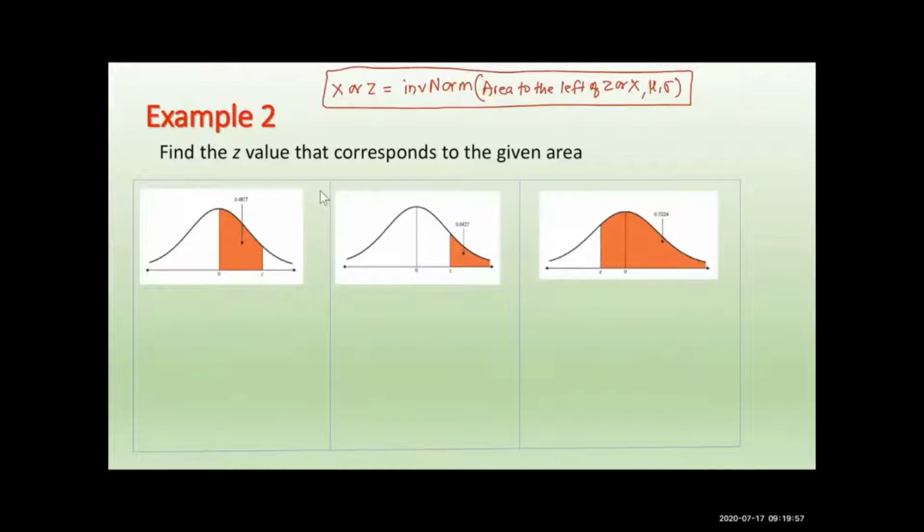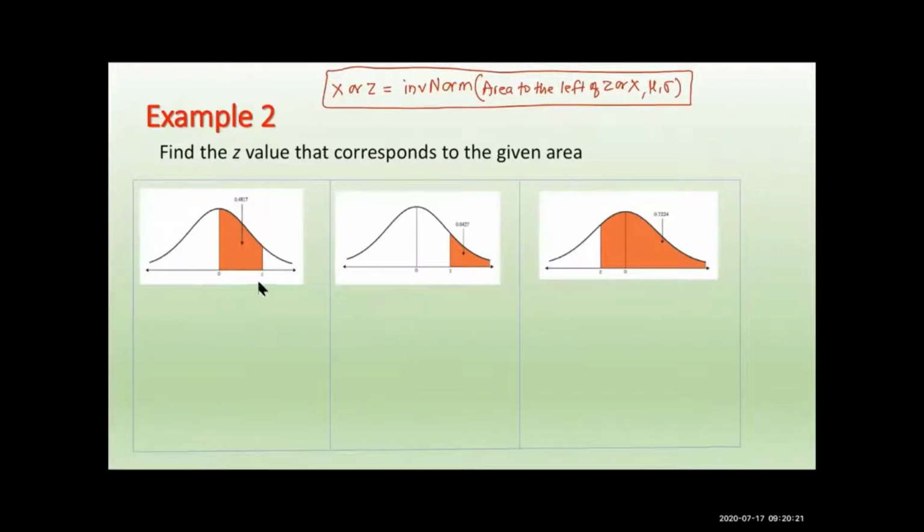So let's try to understand the meaning of that and how we can use a calculator like this. For example, in the first part here, they have given this area, which is 0.4817. We need to find this z value. So in order to find that, we must know the total area to the left of that.